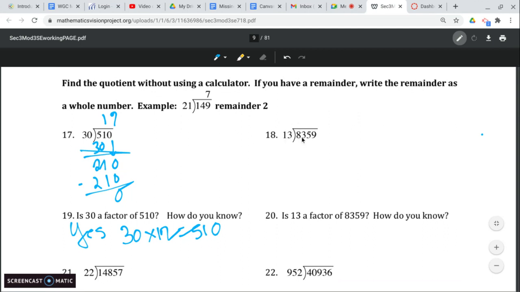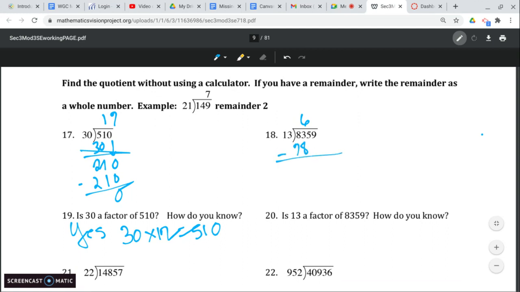18, we have 8,359 divided by 13. Can 13 go into 83? Yes, it can. It can go in 6 times. So 13 times 6 is 78. So put a 6 there. This is 78.